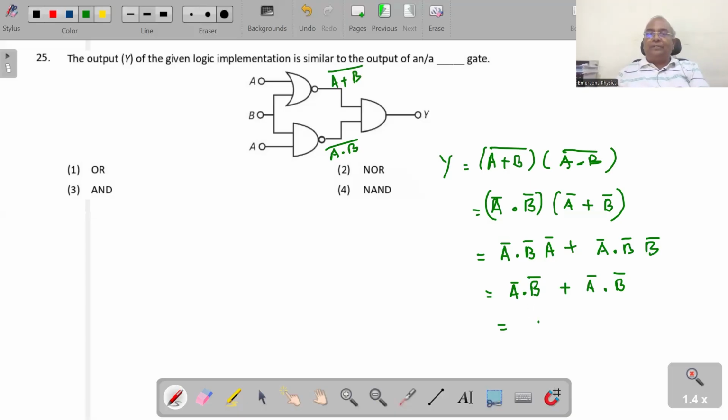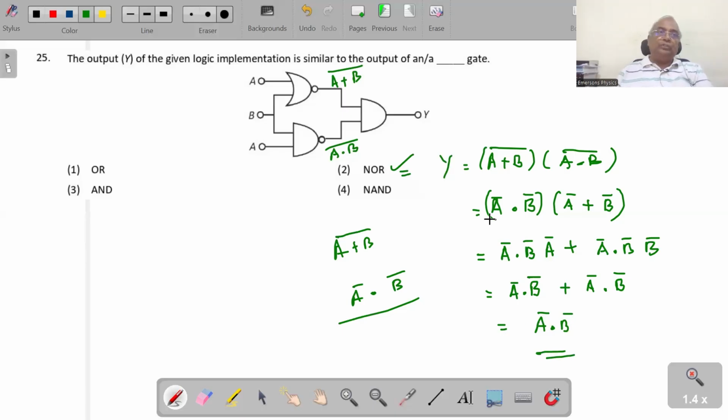This is the output of A dot A complement dot B complement. This is nothing but a NOR gate. What will come is A plus B complement, which on expanding gives A complement dot B complement. So 1 plus 1 is 1. Therefore A dot B complement, A complement dot B complement. So it is a NOR gate output.